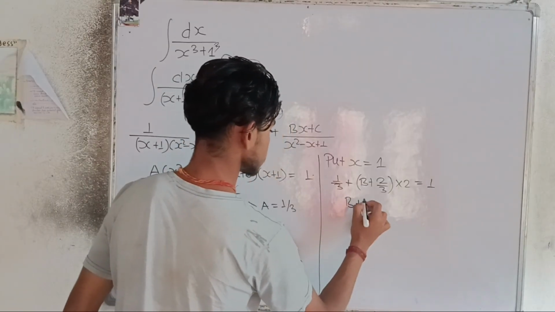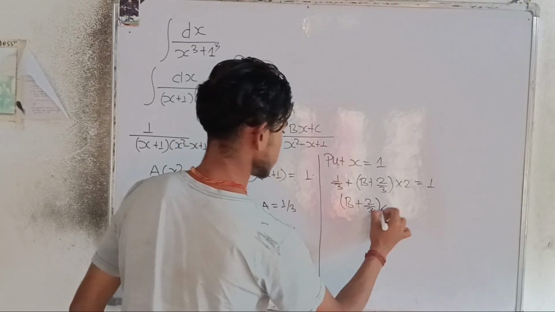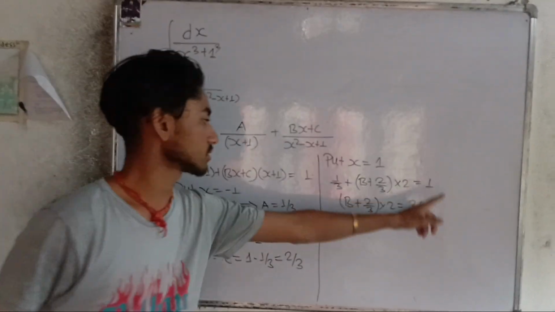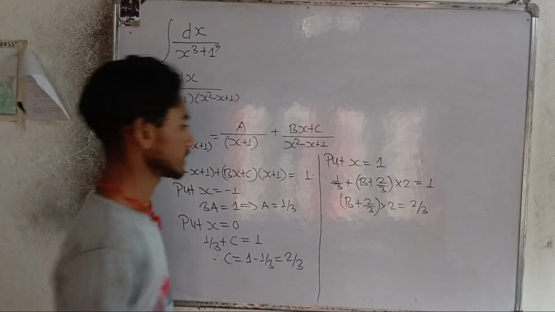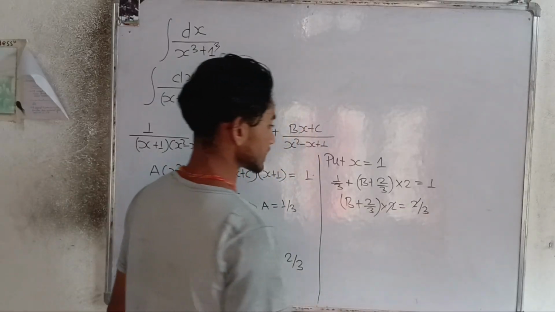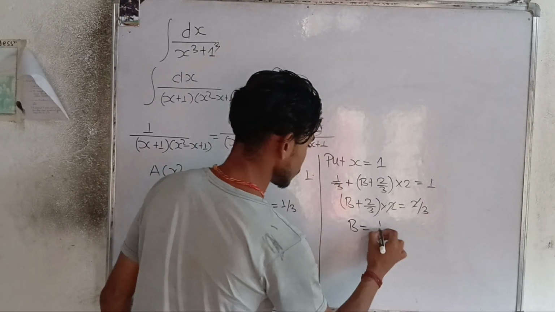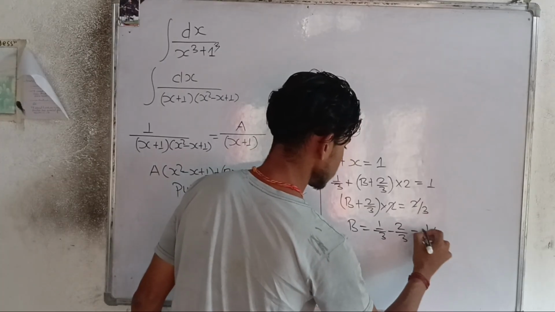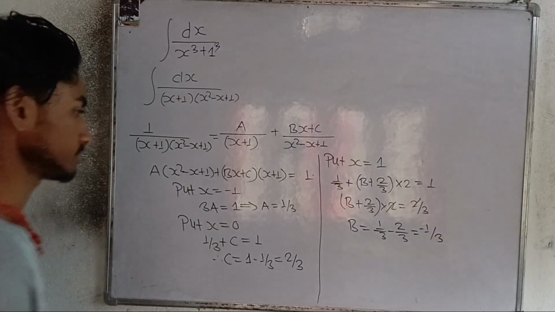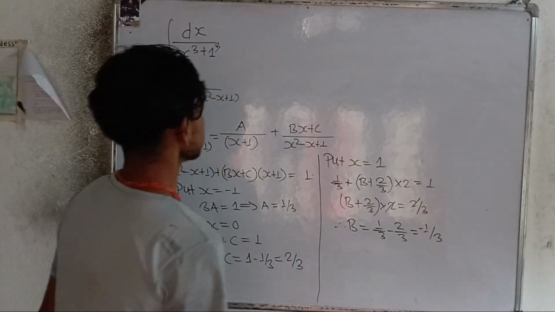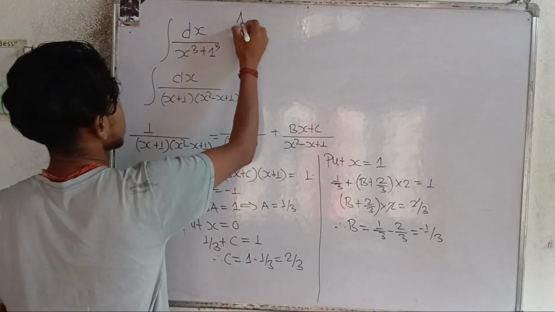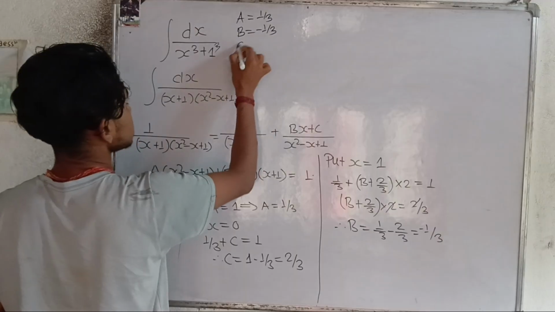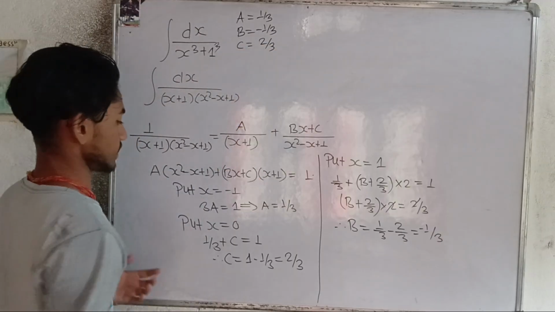So b plus 2 over 3 into 2 can be written as 2 over 3. If this goes there, then we subtract this, the 2 and 2 will cancel out, so b is going to be 1 over 3 minus 2 over 3, which is minus 1 over 3, right? So finally we get a is 1 over 3, b is minus 1 over 3, and c is 2 over 3, right?